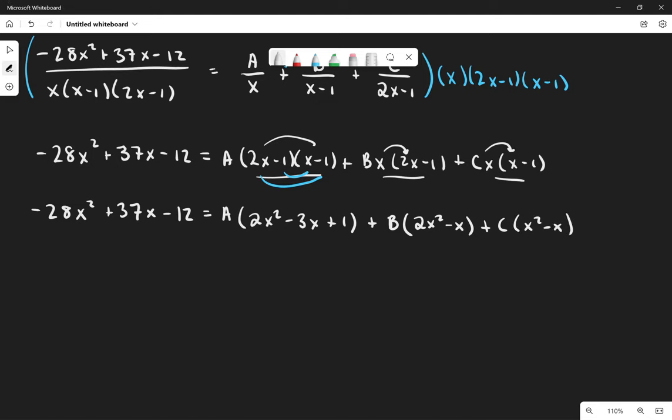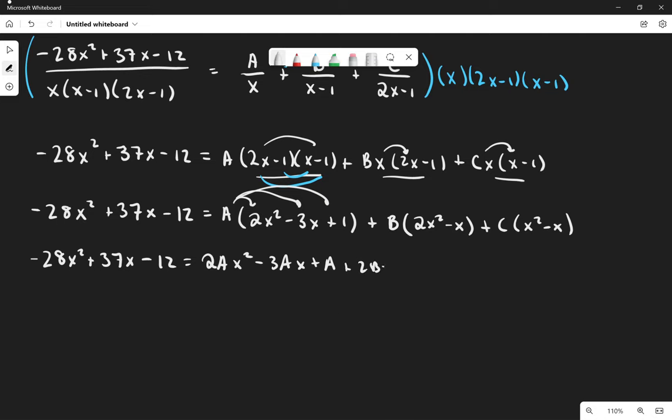And then I'll distribute all the ABCs. Plus 37x minus 12, 2ax squared minus 3ax plus a, 2bx squared minus bx, cx squared minus cx.